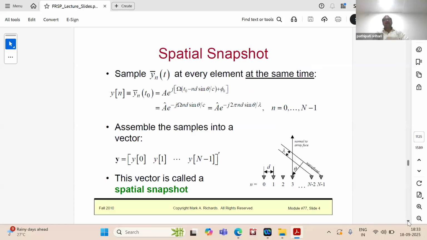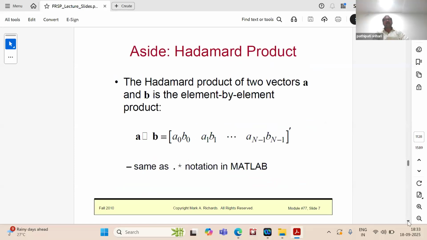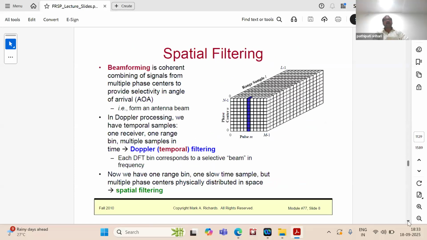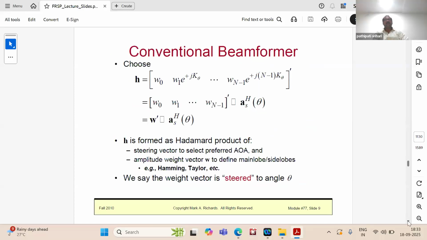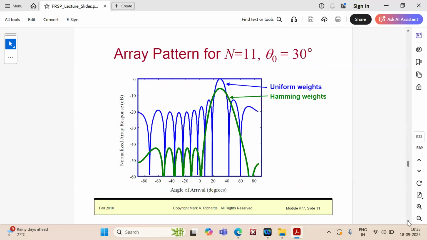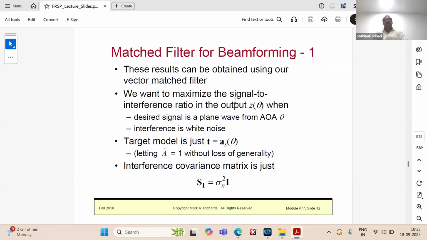Here we want to maximize the signal to interference ratio in the output z of theta when the desired signal is a uniform plane wave with AOA theta, and the interference is white noise. Because without interference you cannot detect a signal; I am trying to get the signal from the noise. That is why interference is considered here.